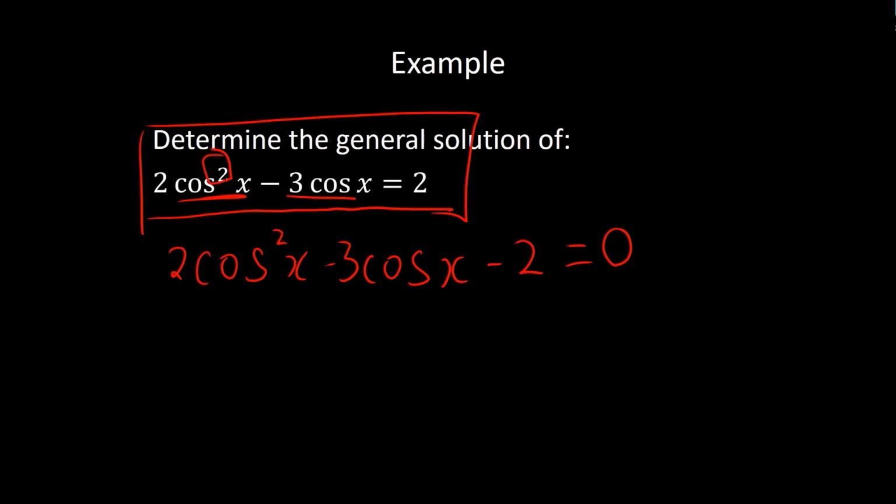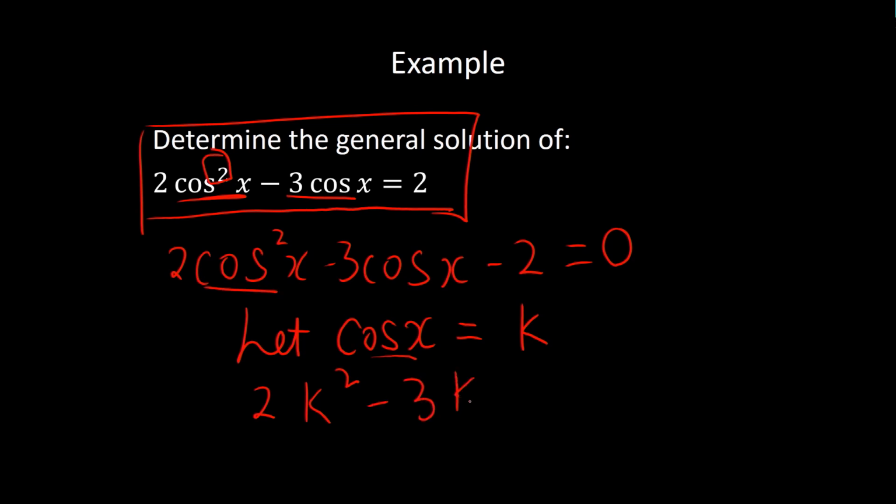For those of you who cannot see that, and this will make your life a lot easier if you are getting stuck in exams, let cos x equal k. Then you substitute your k back in and you will get the question right. So we get 2k squared, because wherever there's a cos x, I'm putting a k. So I get 2k squared minus 3k minus 2 is equal to 0.